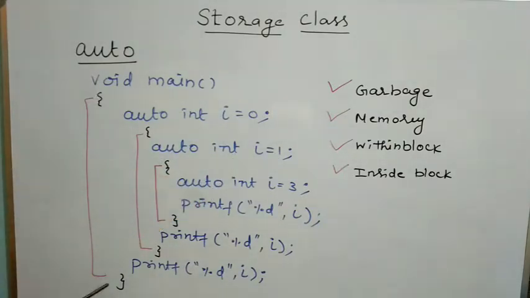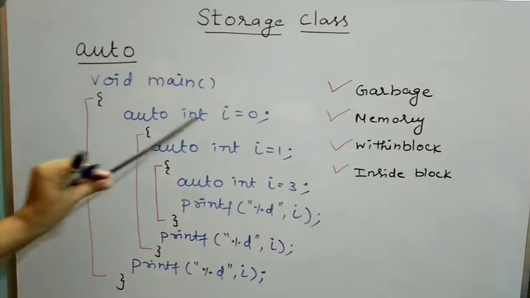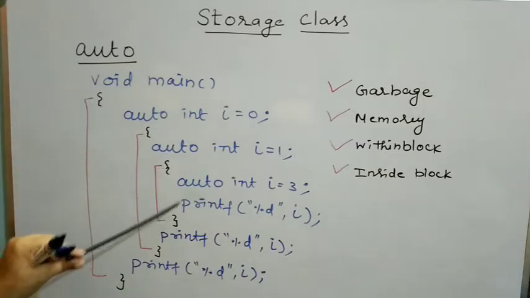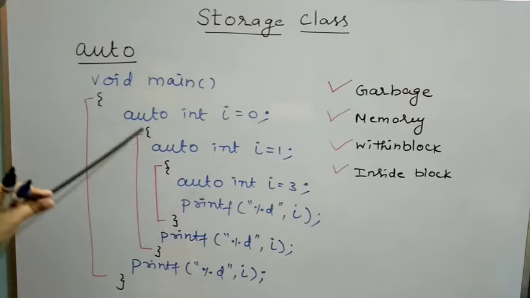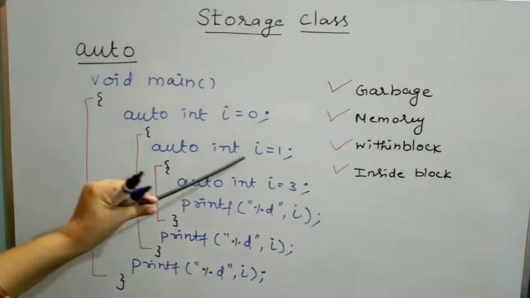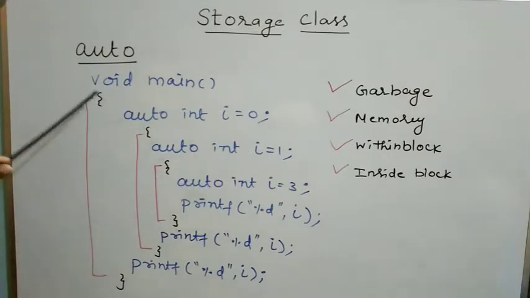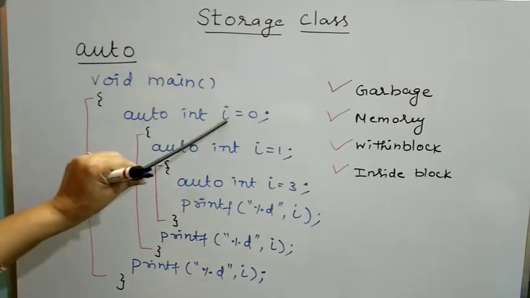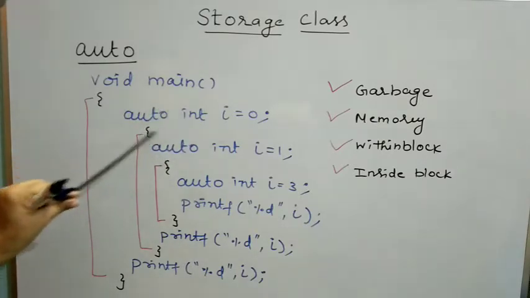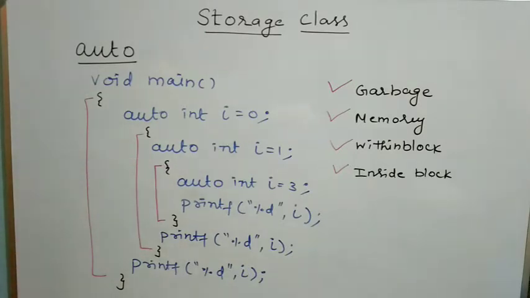Within this block I have declared one automatic variable I. Within the main function I have declared a variable I whose access specifier is auto and initialized with value 0.